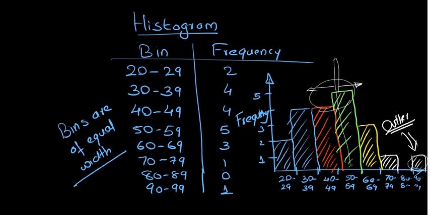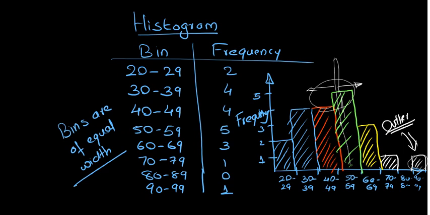But what is the limitation of this histogram is that the data corresponding to the individual observation is somewhat lost. For example, how many people are there with the age 55, I don't know from here. I cannot get that information from the histogram, because it is hidden somewhere in this bin, but I don't know the details about what are the numbers there in this bin.